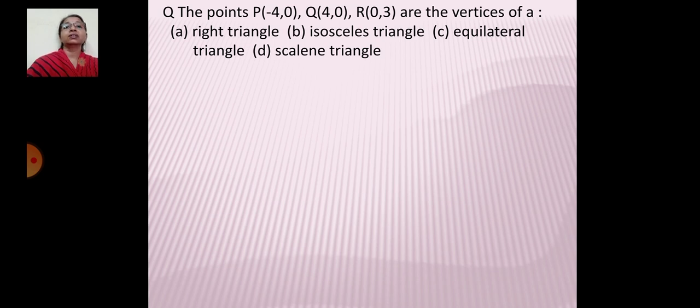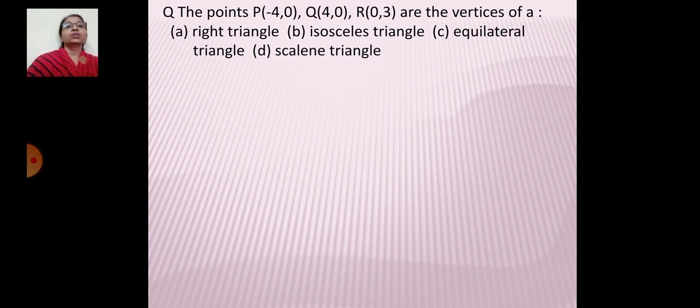Next question. The points P minus 4, 0, Q 4, 0 and R 0, 3 are the vertices of a right triangle, isosceles triangle, equilateral triangle, or scalene triangle. Right?